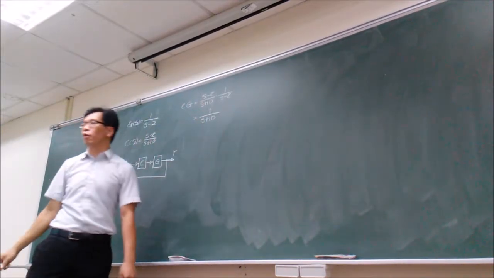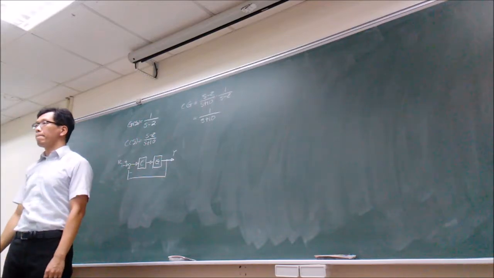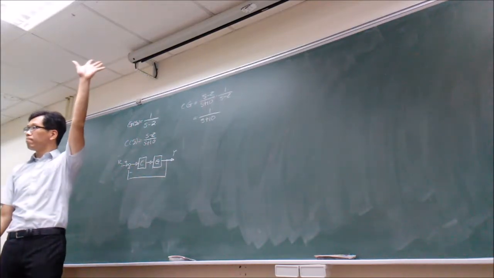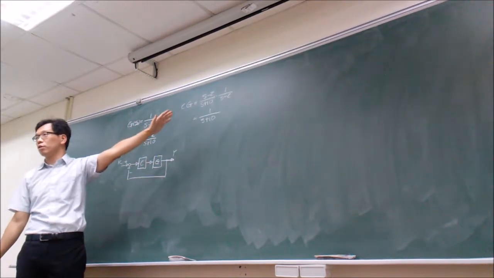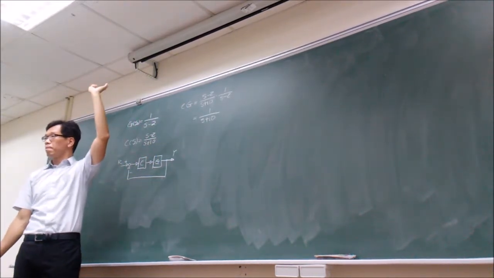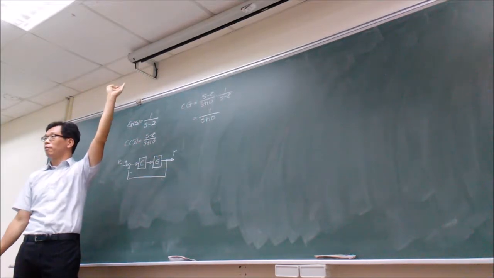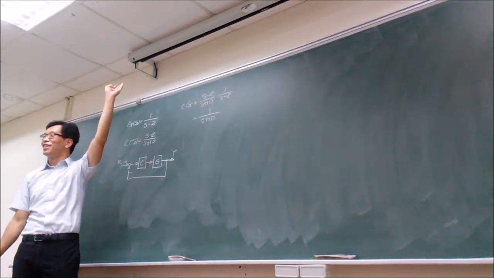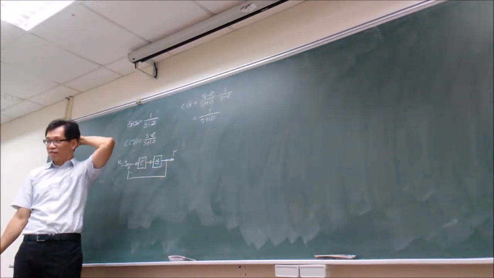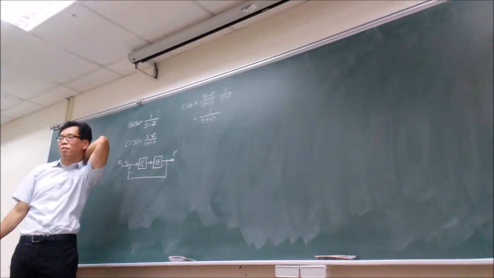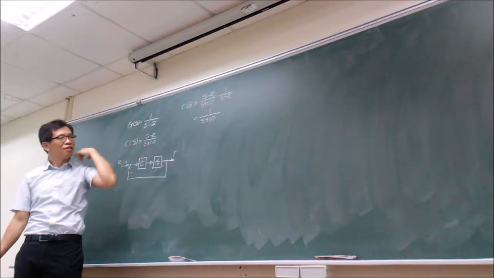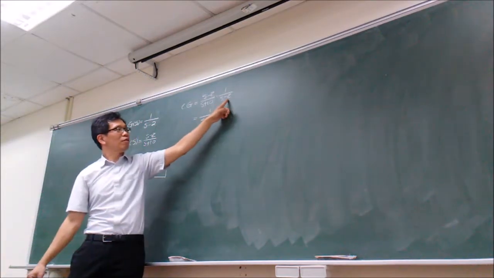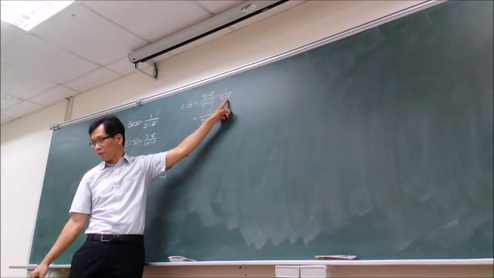Is this system stable or not stable? Stable. After I design a fantastic controller, this system becomes stable. Not stable. Tell me the answer. This is not stable because this one can be stabilized.